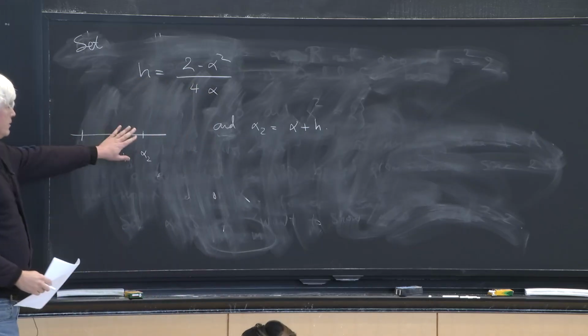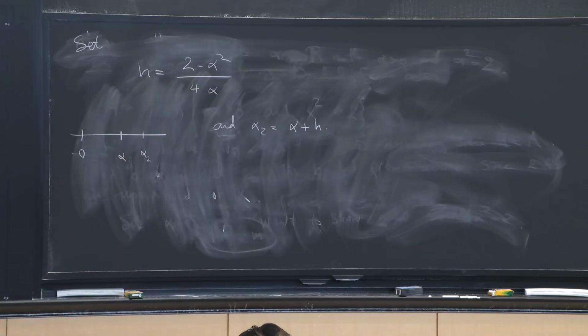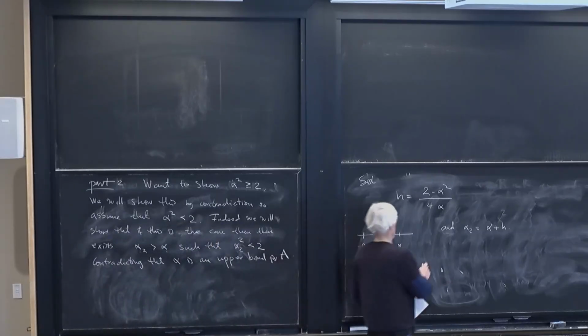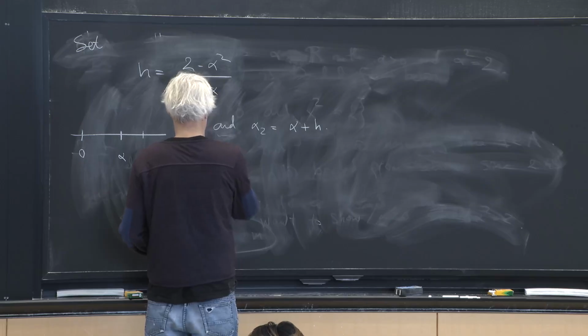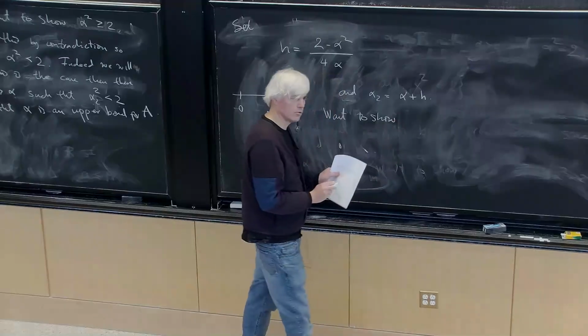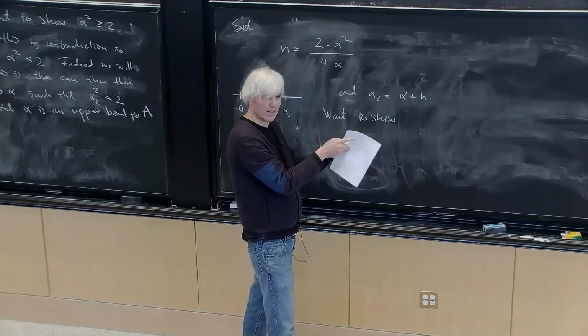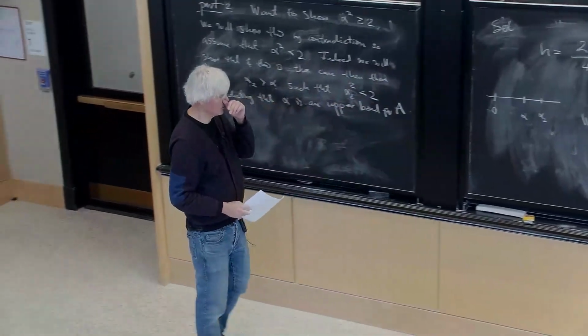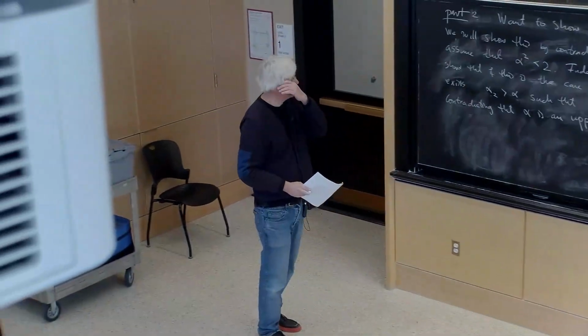This here was just to illustrate. You don't necessarily have to include that. Okay, and we want to show, I think it's a good idea to write what you want to show. In particular, if I really had written that before, then I wouldn't have been in trouble, right? Because I was trying to prove something else.